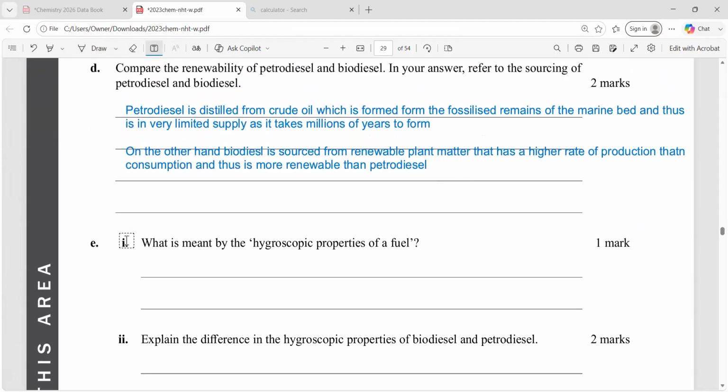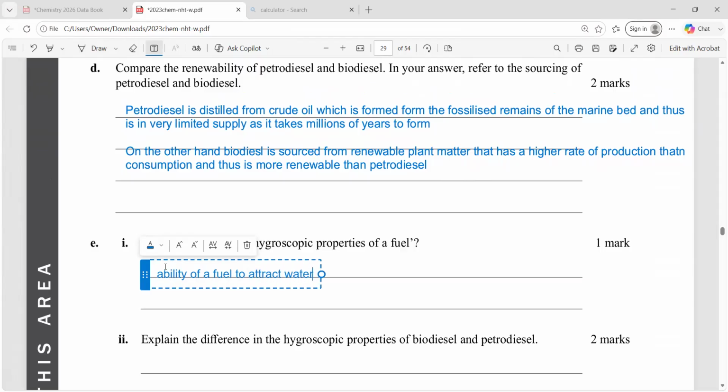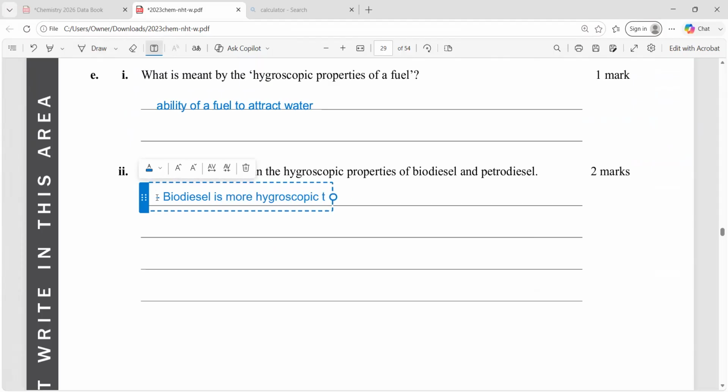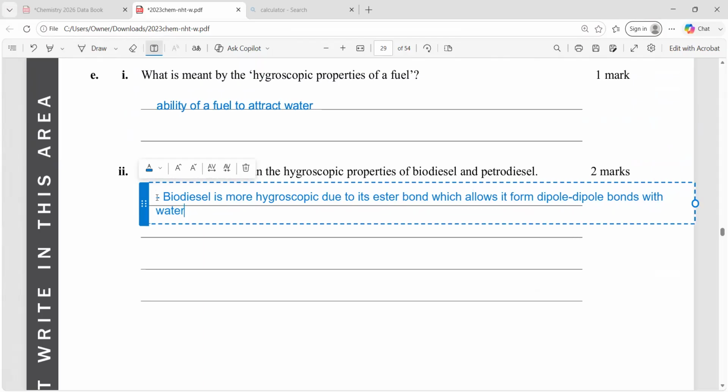What was meant by hygroscopic? It's just the ability of a fuel to attract water. Explain the differences. Biodiesel obviously has the ester functional group, petrodiesel doesn't. So biodiesel is more hygroscopic due to its ester bond, which allows it to form dipole bonds with water.